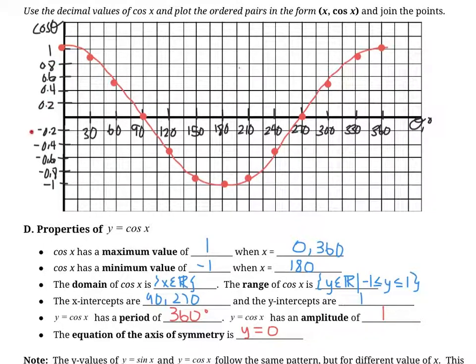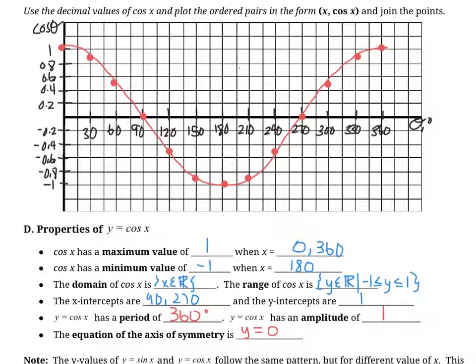Again, these y values are going to repeat, which means that x can take on any real number. The range, same as sine, is that our y values are going to bounce back and forth between 1 and -1, which means y is an element of R such that -1 is less than or equal to y is less than or equal to 1.